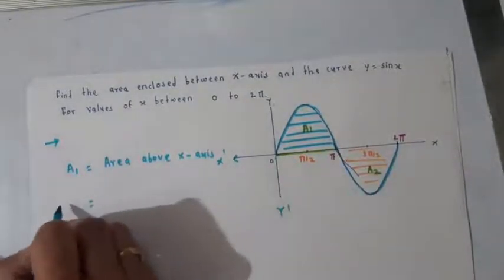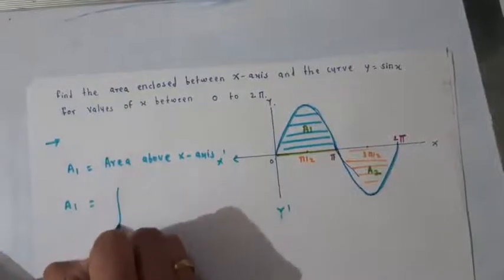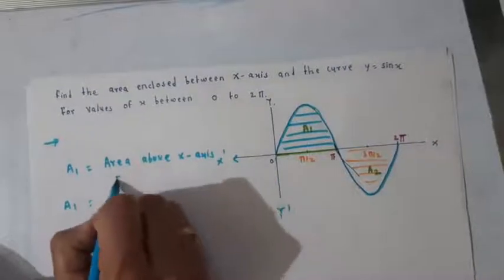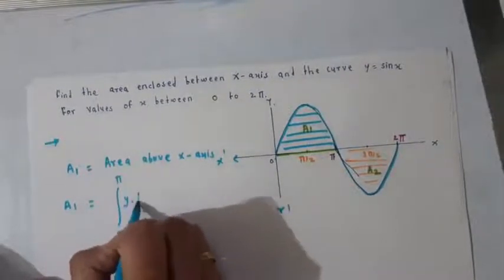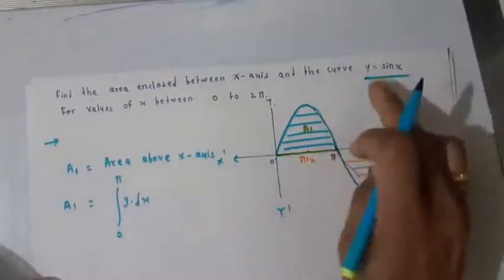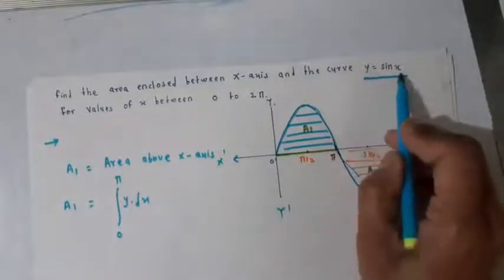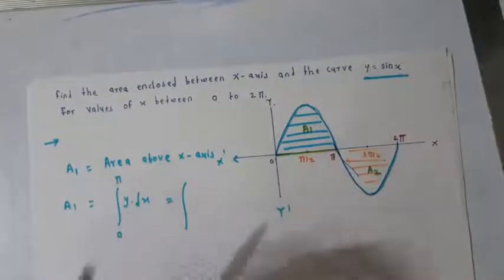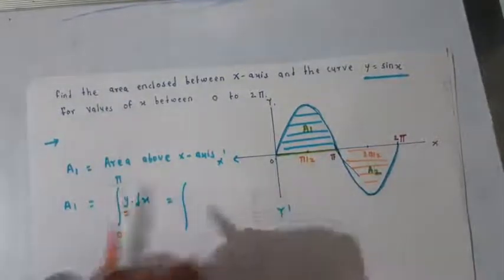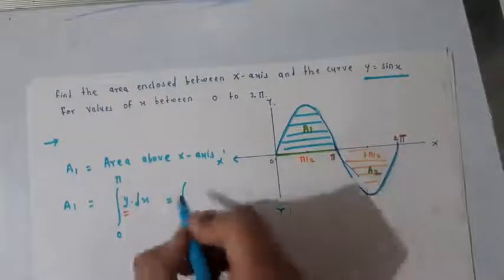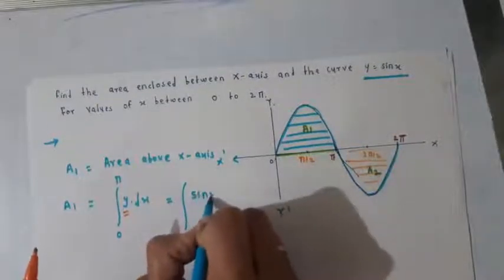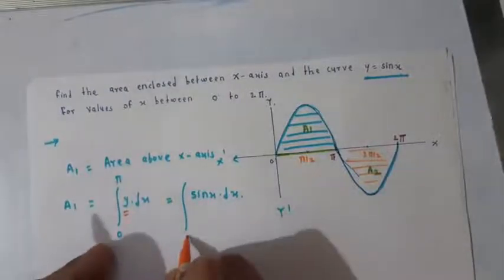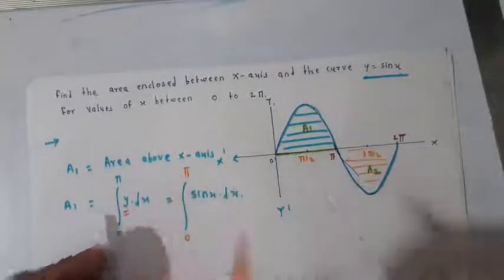Therefore, the limits of integration are 0 to pi, because x changes from 0 to pi. Y with respect to x, because y is a function of x. Put the value of y. The value of y is sin x. That is sin x with respect to x, limits of integration 0 to pi.